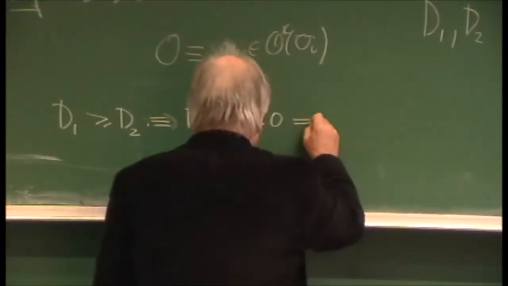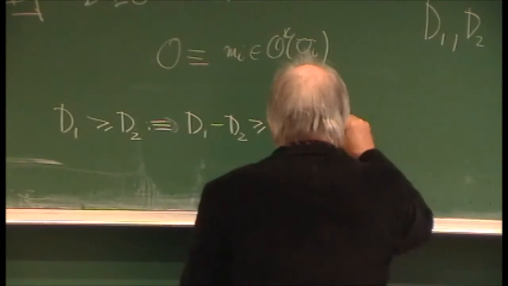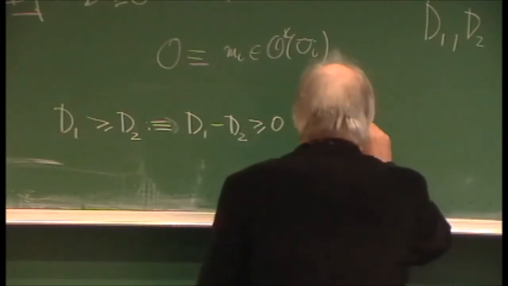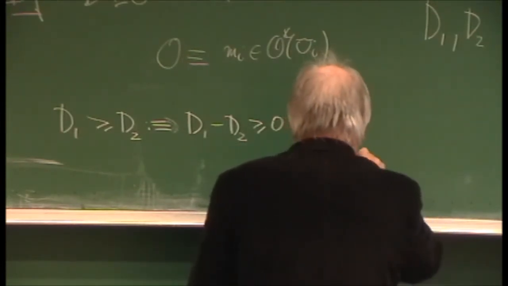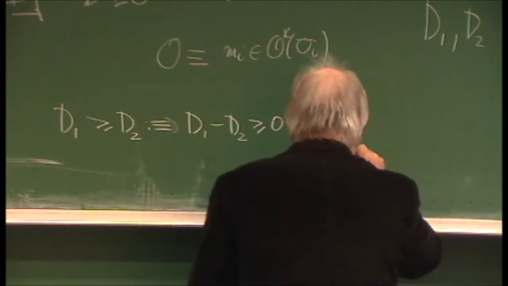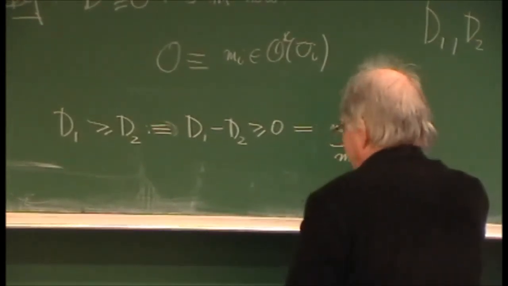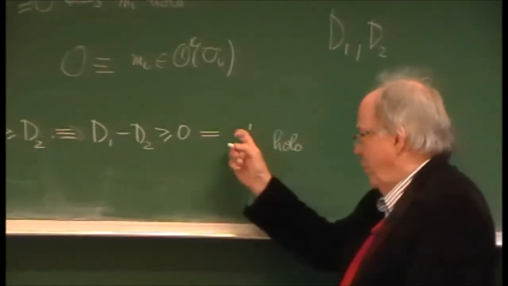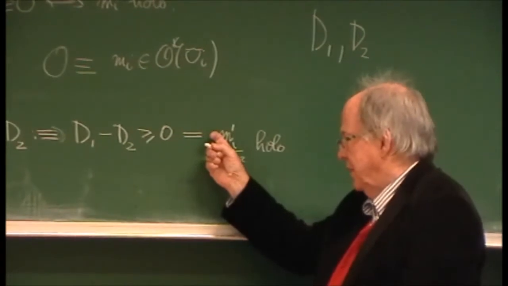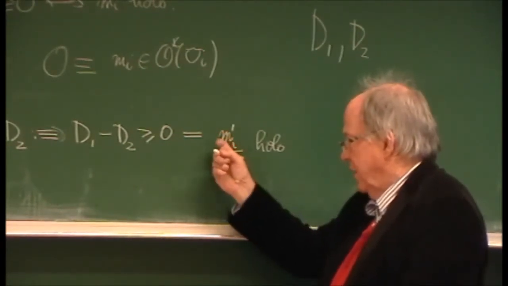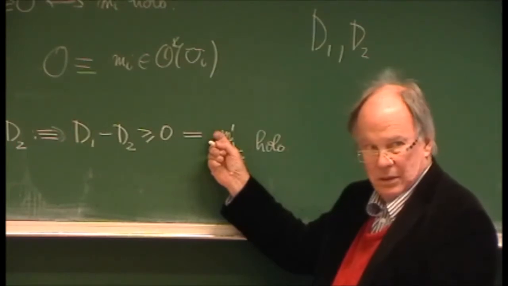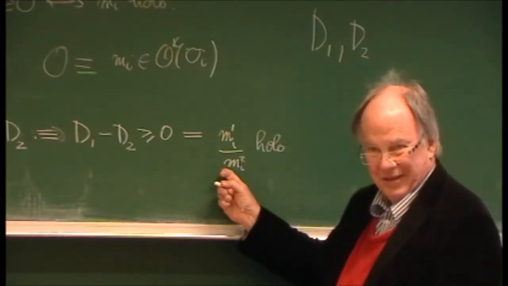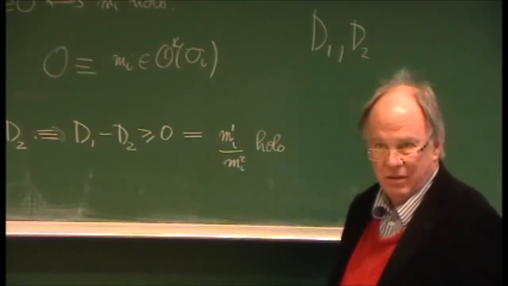This means the meromorphic functions defining D1 divided by the meromorphic functions defining D2 are holomorphic. That means the zeros of this thing are contained in the zeros of this thing, and the poles of this thing are contained in the poles of this thing. They cancel out. That's all I'm saying here.